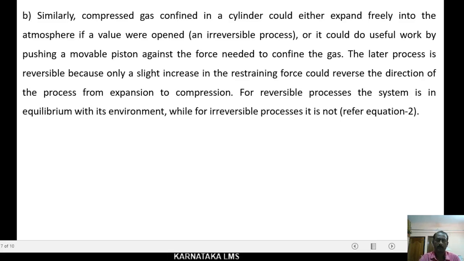The latter process is reversible because only a slight increase in the restraining force would reverse the direction of the process from expansion to compression. For reversible process, the system is in equilibrium with its environment, while for irreversible process, it is not. Just to refer the equation 2.